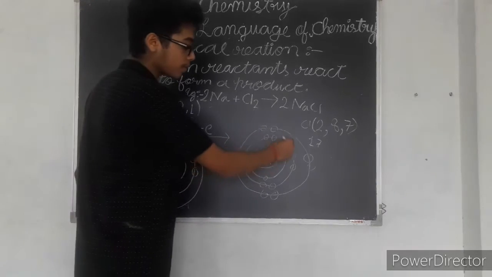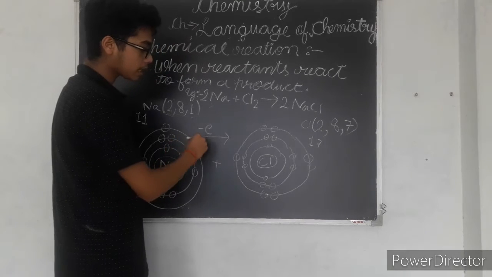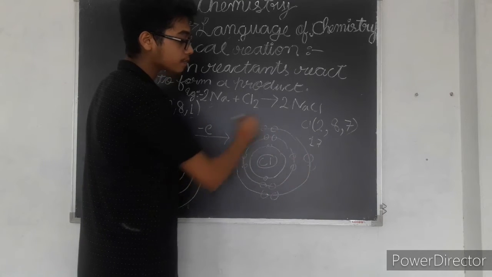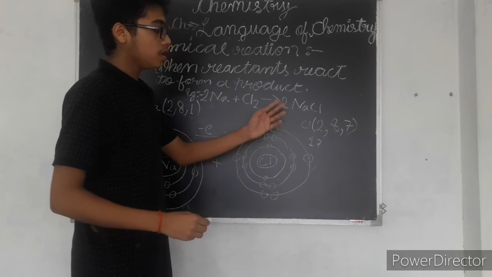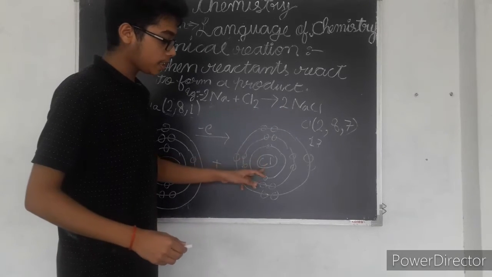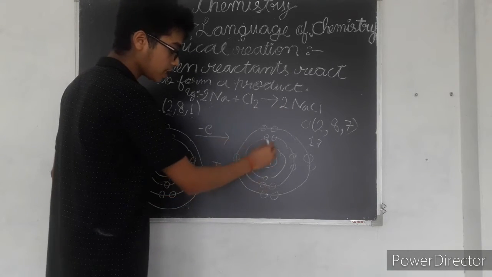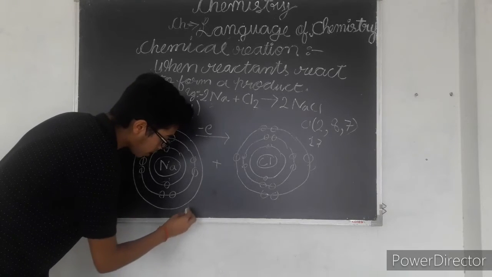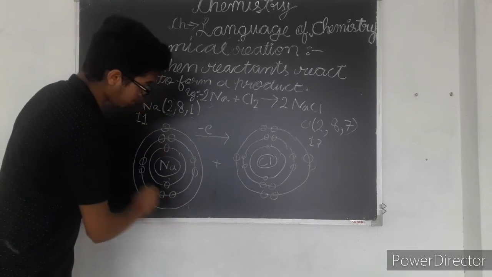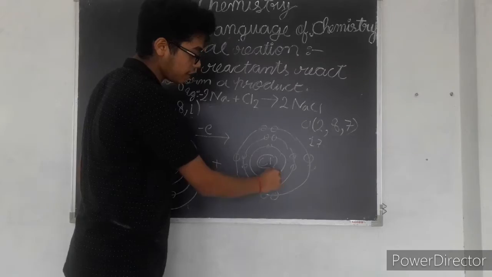And chlorine becomes negatively charged because one electron is given to it and it has 18 electrons but 17 protons, so it becomes negatively charged. After the reaction sodium becomes positively charged, and chlorine becomes negatively charged.